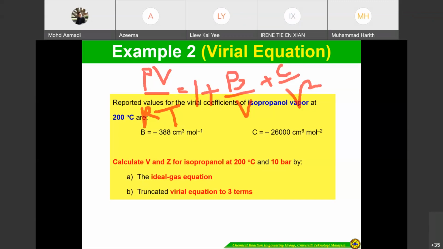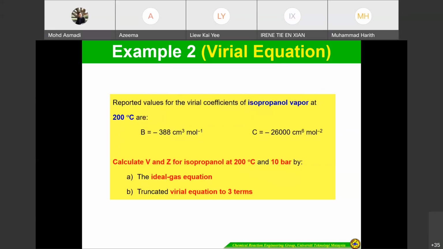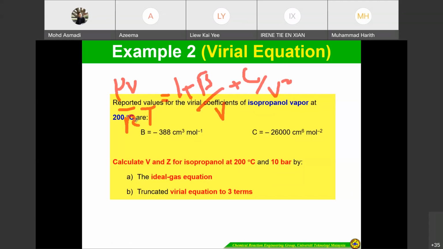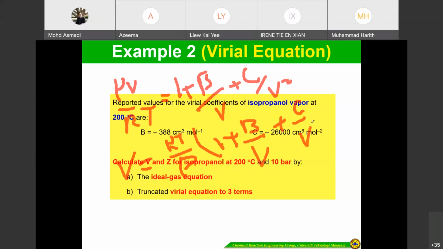You have already taken differential equations in mathematics, Mathematics 1 and Mathematics 2, right? So what you have to do, from that equation, if you rearrange it, you can get V in terms of the other variables.